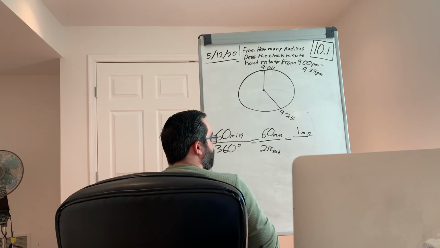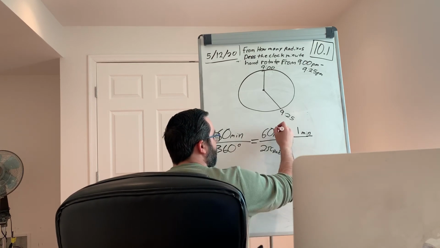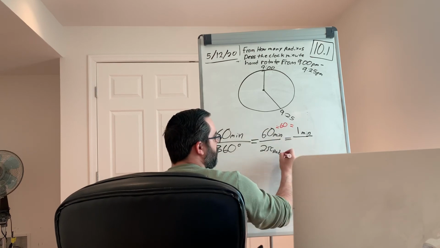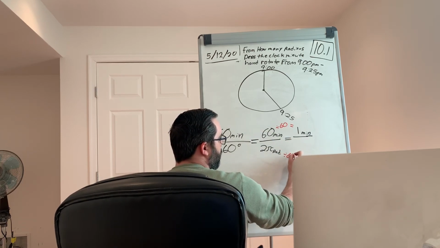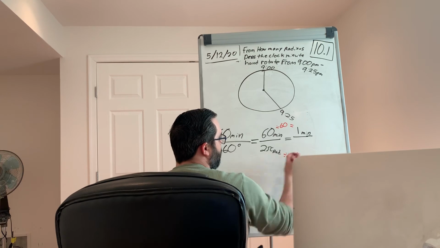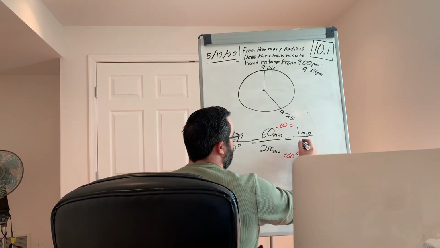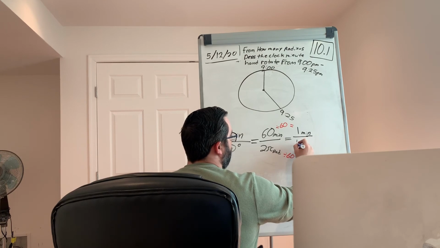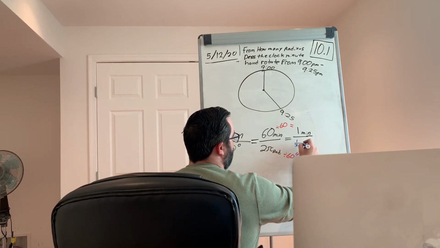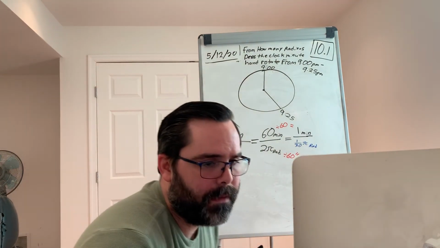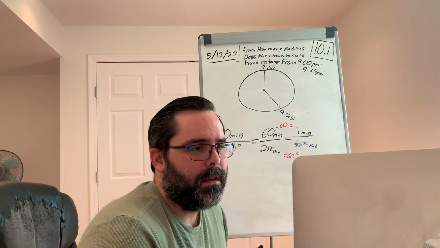Anyways, 1 minute. So I'm dividing this by 60, and I got 1. So if I divide this by 60, what is 2 divided by 60? 1/30. Okay, does that confuse you?